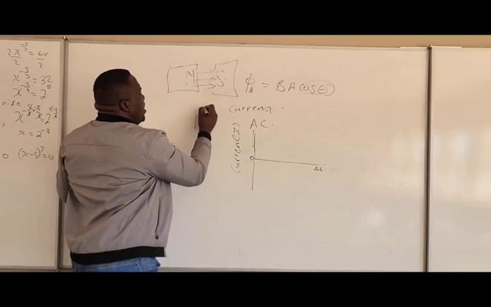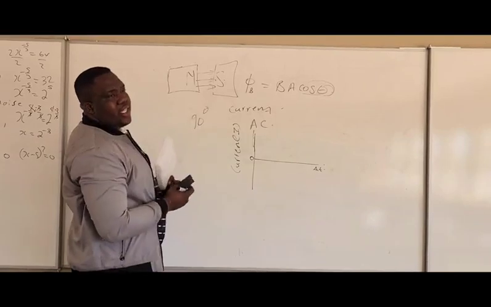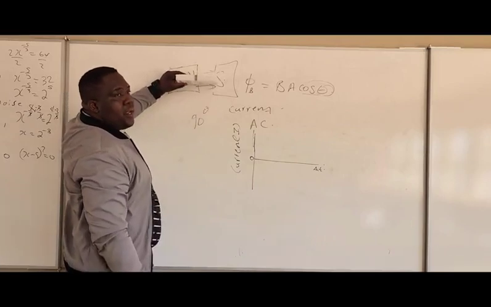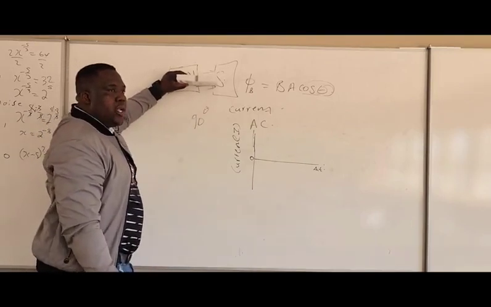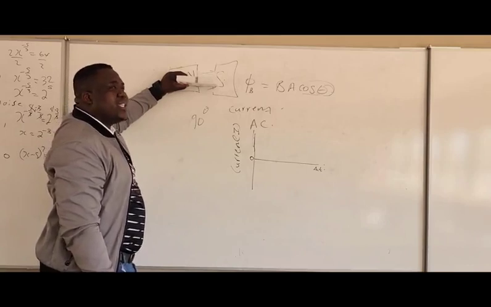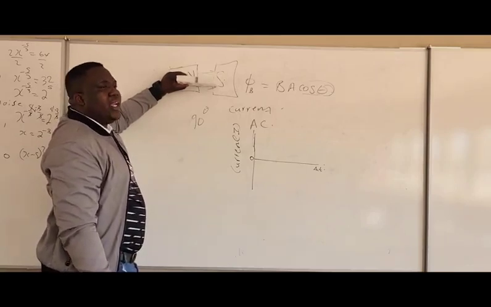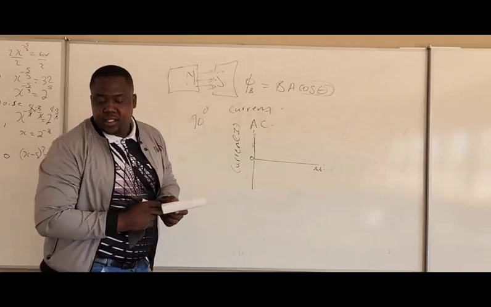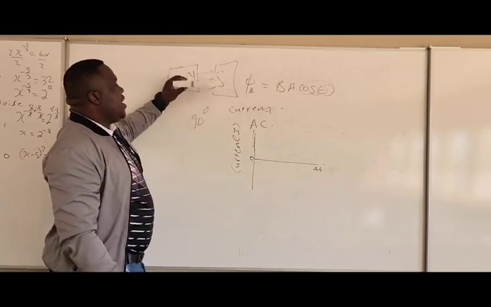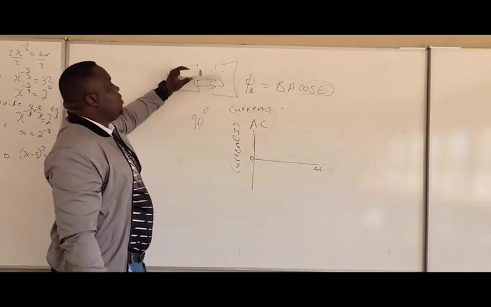I told you that the normal line to the coil is positioned such that when the coil is parallel to the magnetic field, the normal line is perpendicular to the magnetic field, as I demonstrated through this black line.